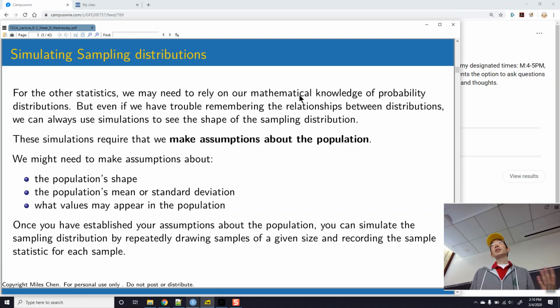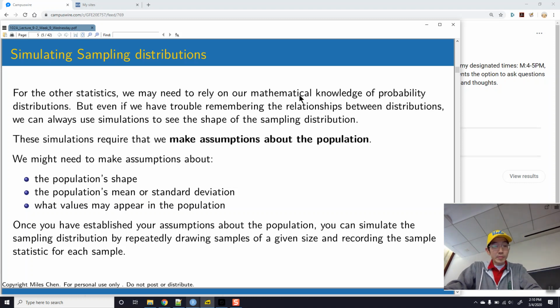There might be compelling reasons for making either kind of assumption, because at the end of the day the population is something that we don't fully know everything about, so we have to fill in the gaps by making different assumptions. All of these assumptions should be justified or justifiable, but if you make different assumptions, it could lead to different conclusions.